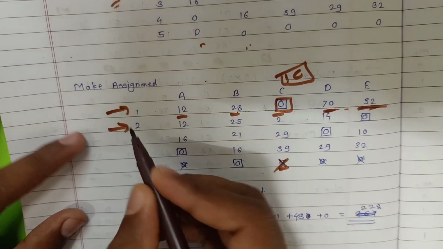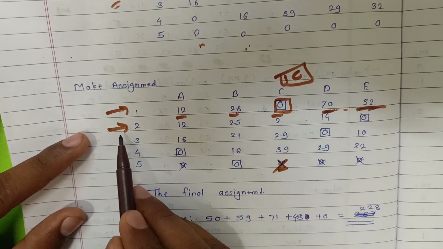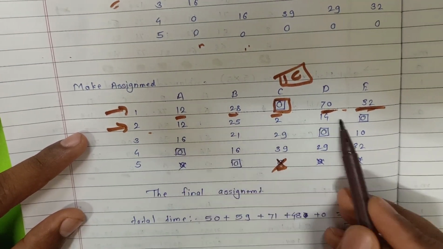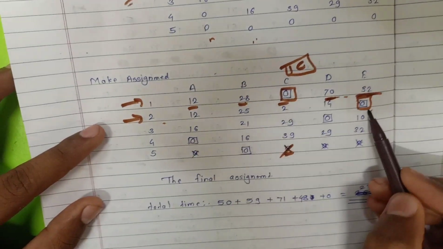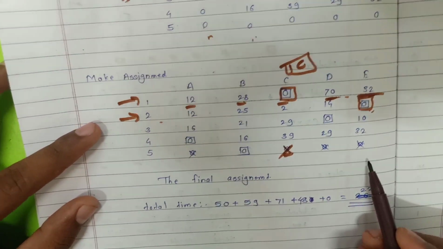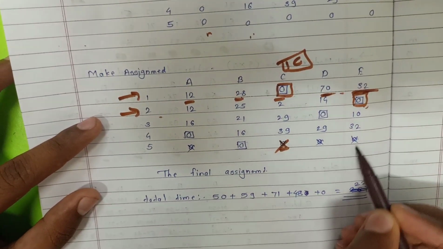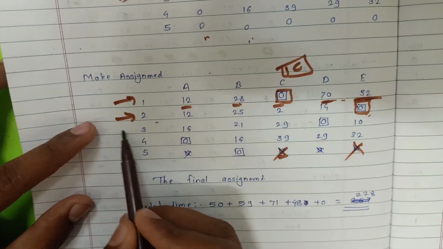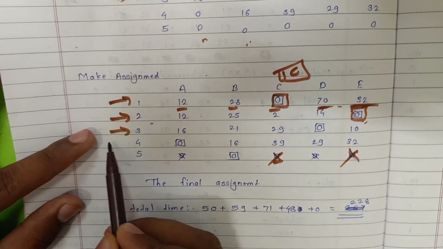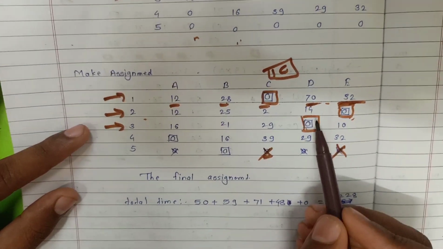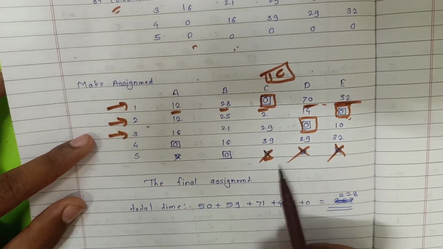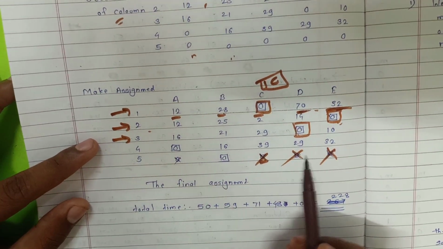So now we move to the next row. Here 0 is present at the last column. So we square it and look for the corresponding zeros. Here is a 0, so we cross it. Again we move forward to the third row. Here we found a 0 at the D column, and in the corresponding column we crossed off the 0.